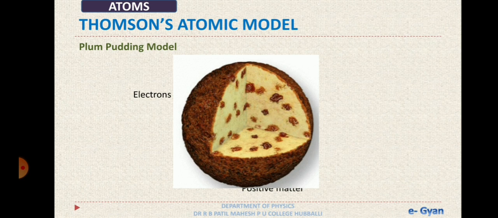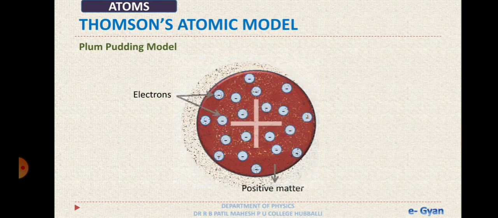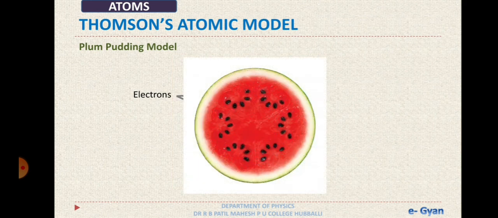So if the pudding as a whole is the positive matter of an atom, the plums act as embedded electrons. This can also be compared with a watermelon, where the red part is the positive matter, whereas the black seeds can be compared with the electrons.